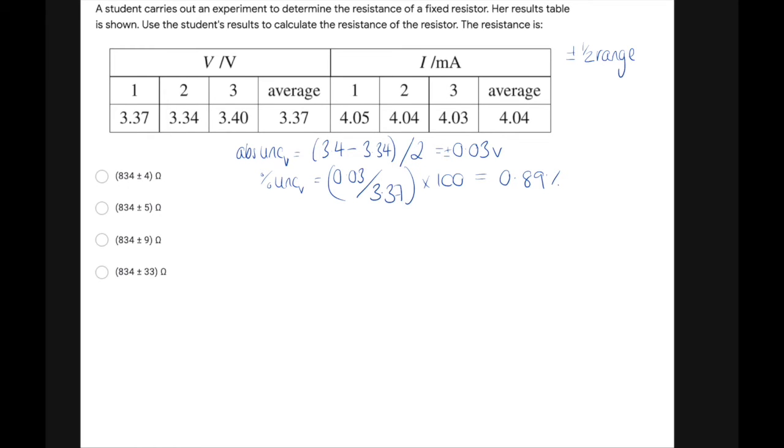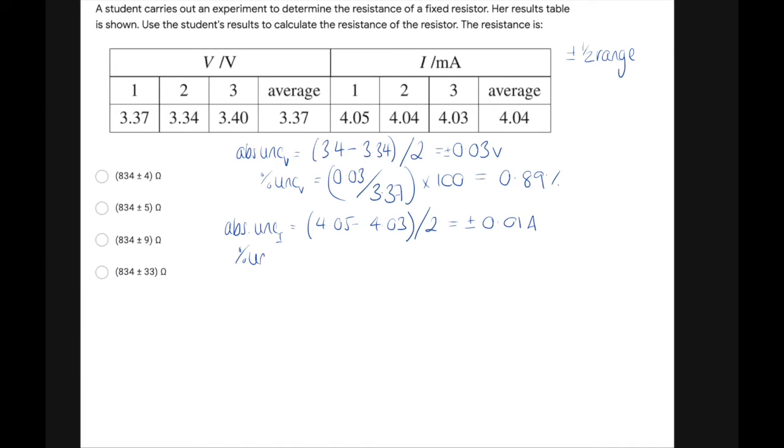We now go through exactly the same process with our I. We start with the absolute uncertainty in our value for I. Again, we look at the range: 4.05 minus 4.03. I know this is in milliamps, but because they're both in milliamps, we don't have to include the times 10 to the minus 3 here. We divide that range by 2, giving plus or minus 0.01 for our absolute uncertainty.